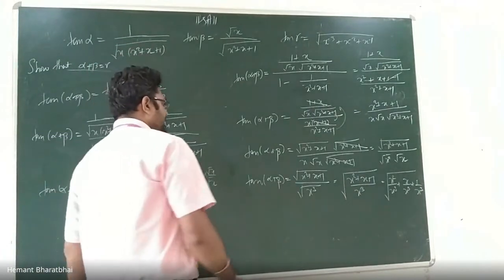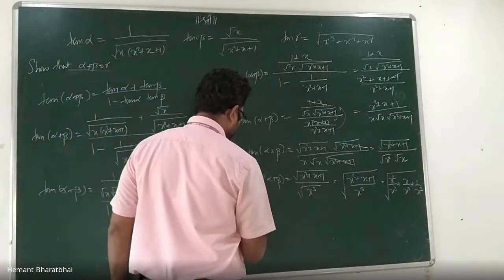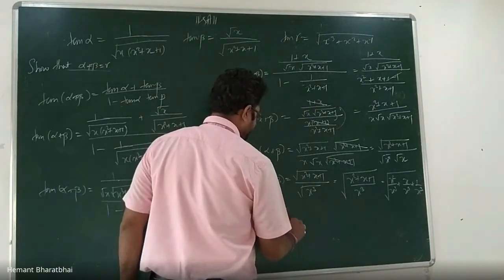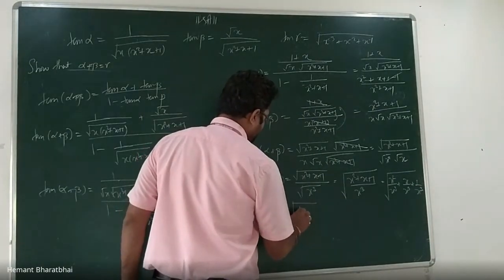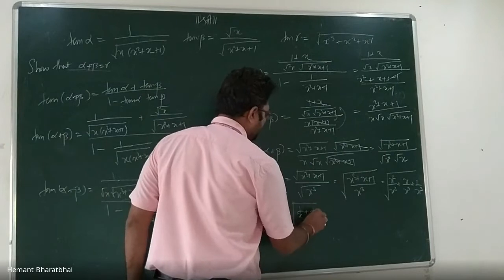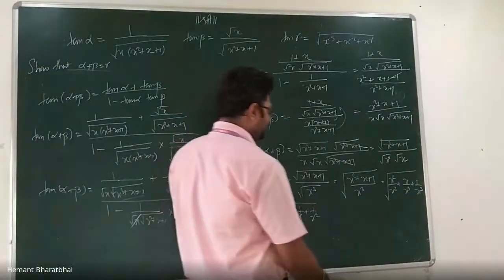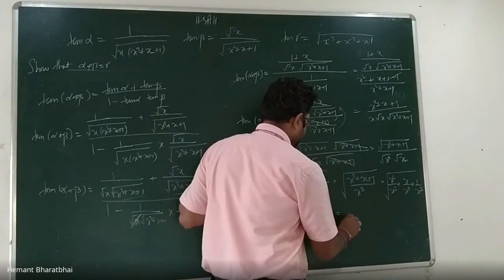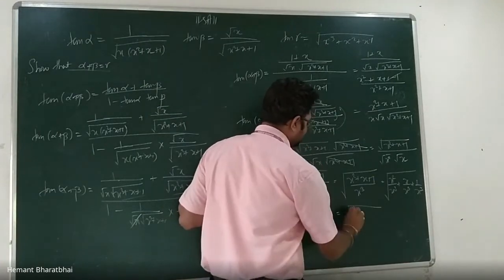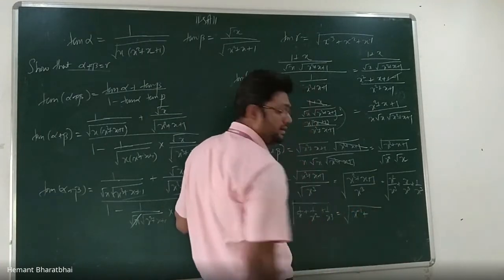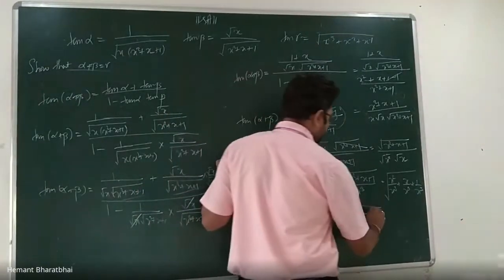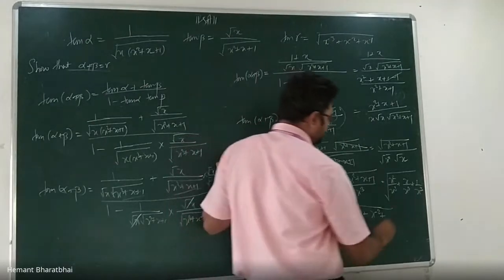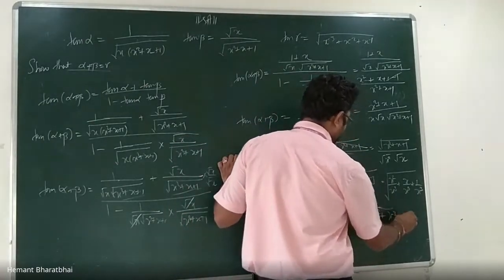So x square upon x cube gives me 1 by x. So I will get tan of alpha plus beta is equal to under root of 1 by x plus 1 by x square, x upon x cube gives me 1 by x square, plus 1 by x cube, which can furthermore be written as: 1 by x is x raised to minus 1, 1 by x square is x raised to minus 2, 1 by x cube is x raised to minus 3.